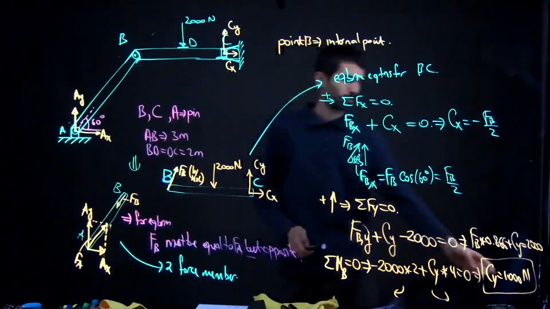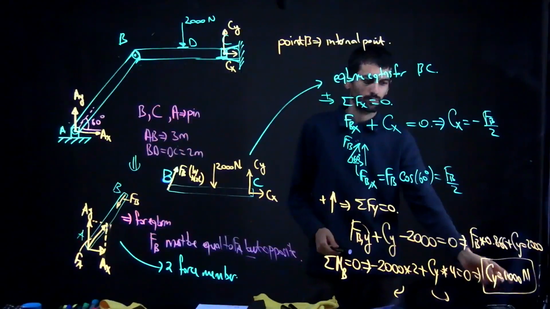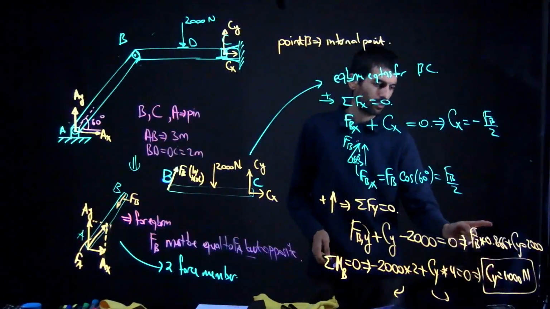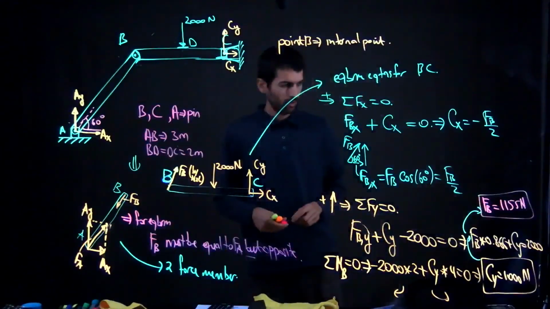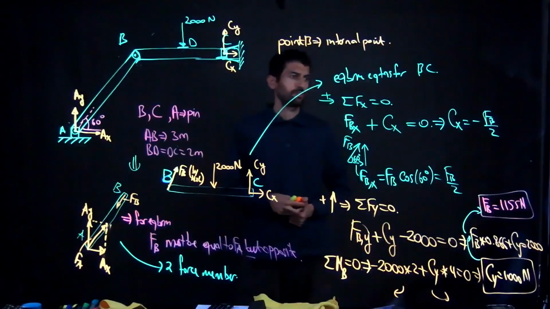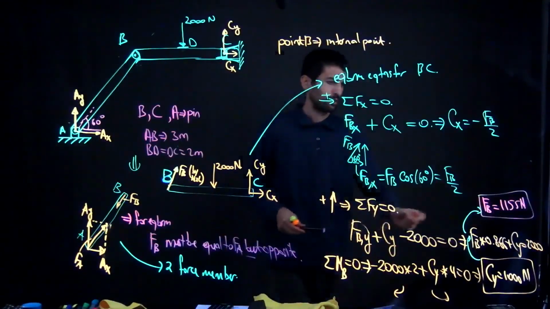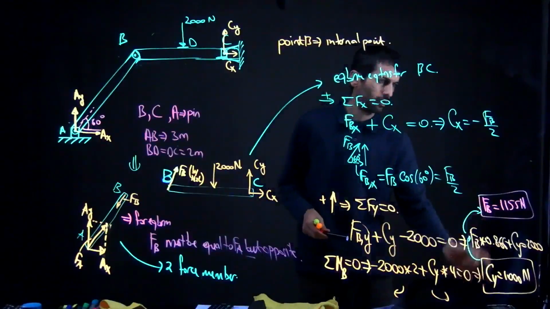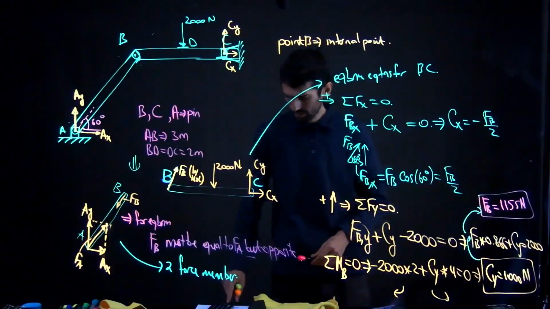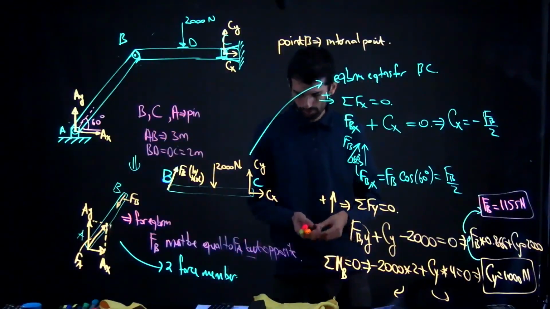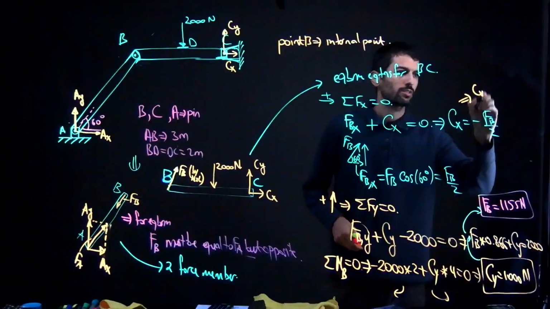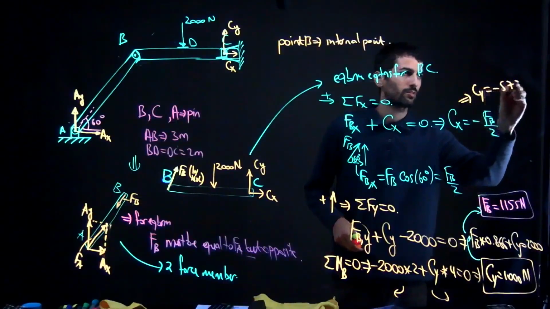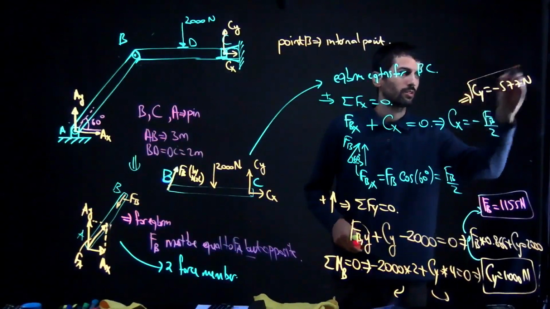Since we know the Cy, from here we can replace and back here find FB, that is 1155 newtons. So we have FB, we have Cy, and then it is time to find Cx, which will be half of it, 577. So from here Cx will be negative 577 newtons.